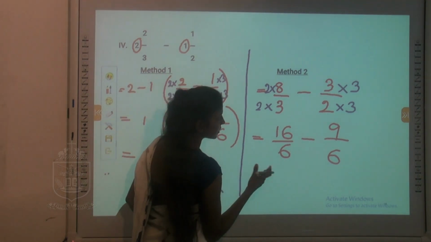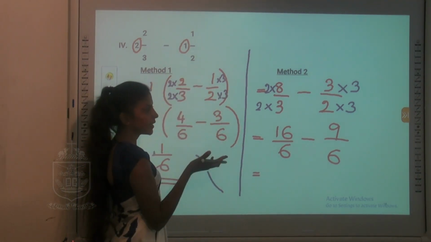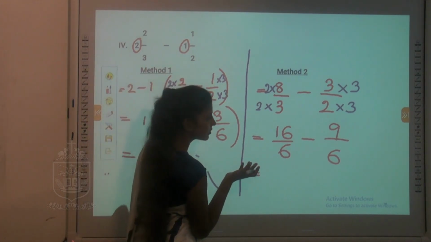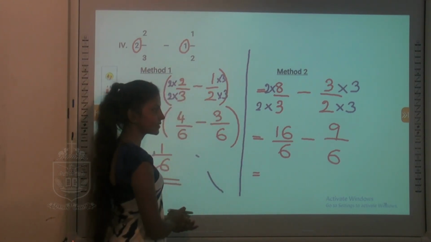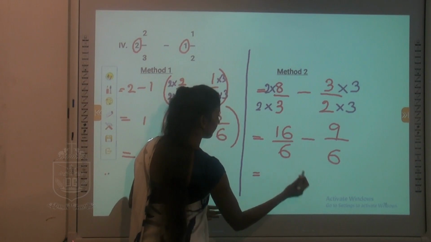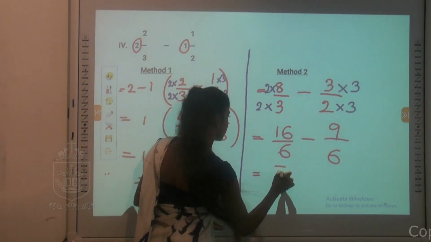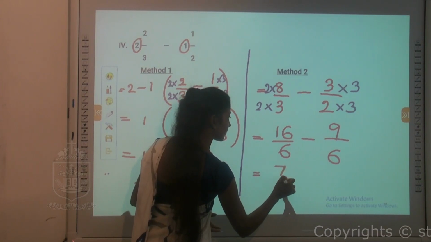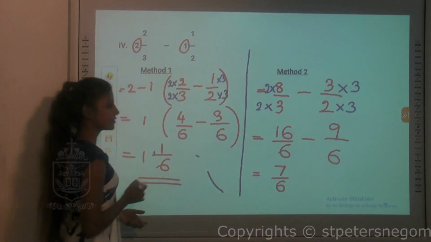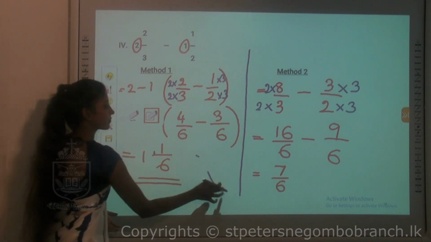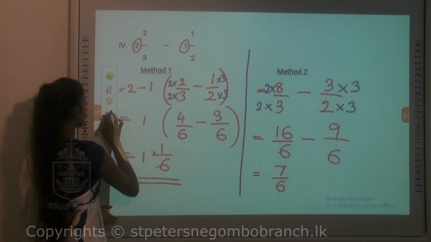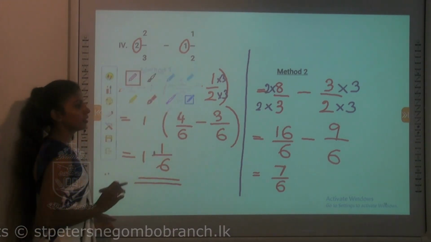Right, let's subtract. So 16 minus 9, you should get the answer. So once you get the answer, you will have 7 over 6. Okay, 7 over 6. Right.